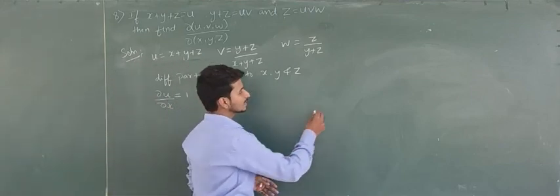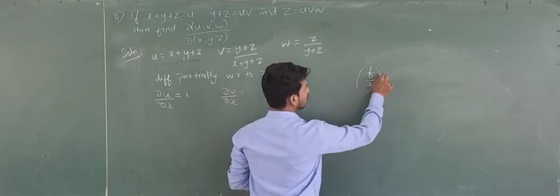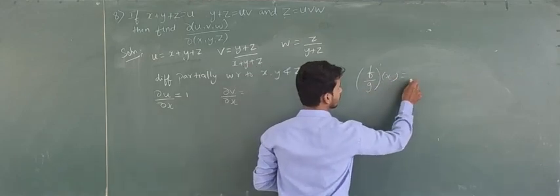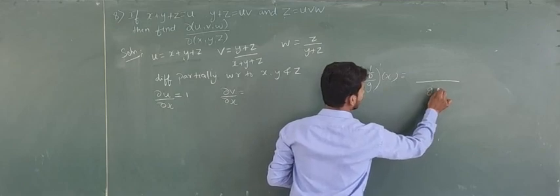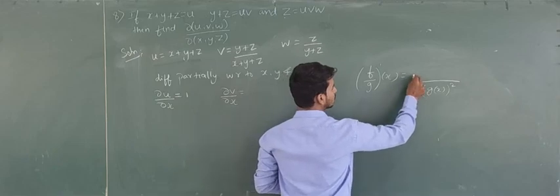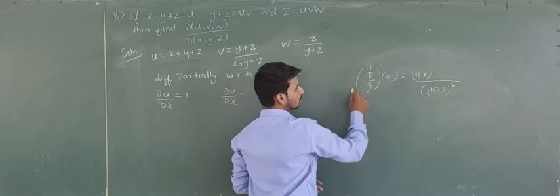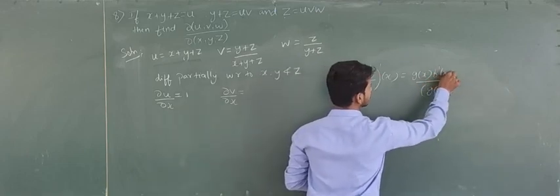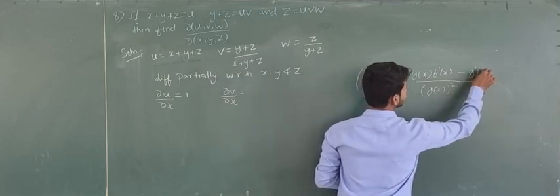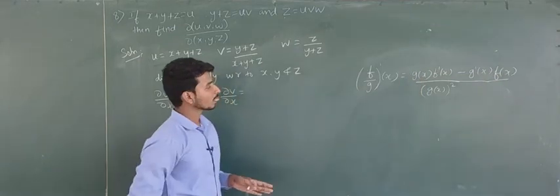The formula for the quotient rule is, suppose we are finding the derivative of f divided by g, it is nothing but the denominator g of x whole square, and the numerator is g of x into the differentiation of the numerator, that is f dash of x, minus g dash of x and the numerator as it is, that is f of x.